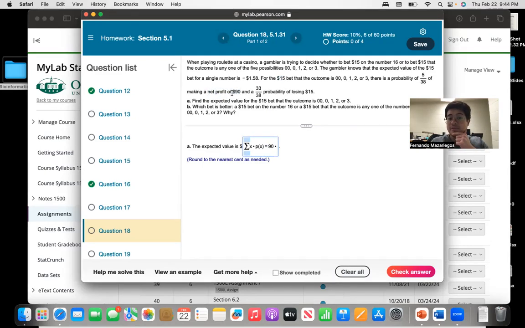So for instance, if we didn't have the word net profit here and they just tell us that we win $90, then the net profit is $75 because we are winning 90, but we already paid 15 to enter. So pay attention to that.